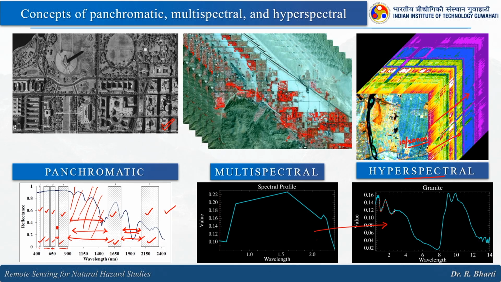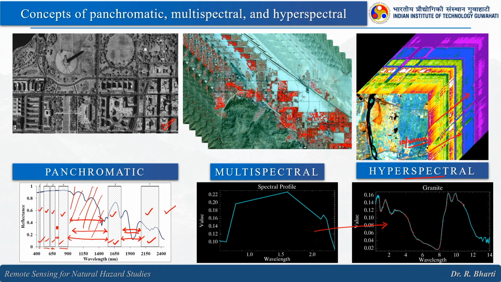So, once you have this kind of measurement, it gives you more information about the material characteristic, what is its chemical composition, what is the internal atomic structure, and then you can more precisely identify the material.